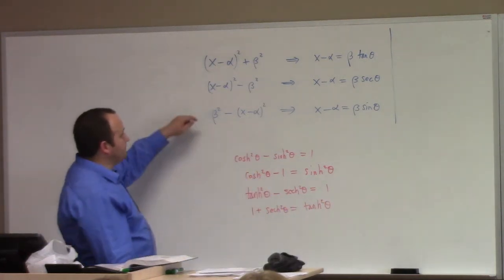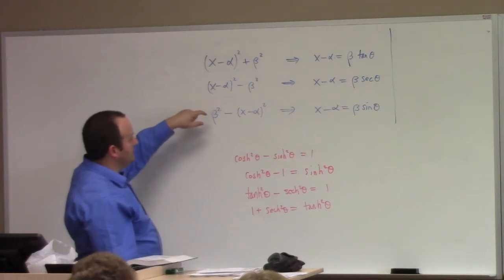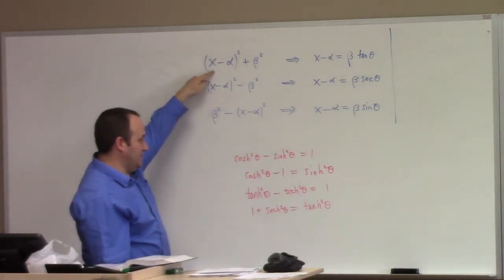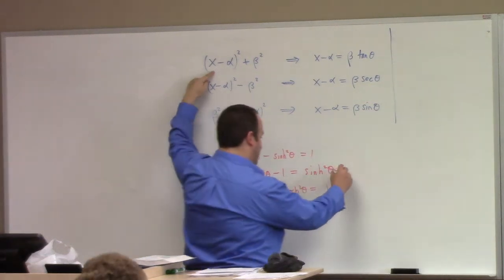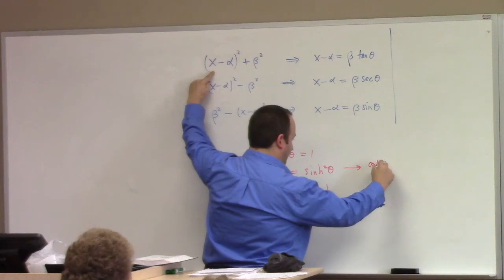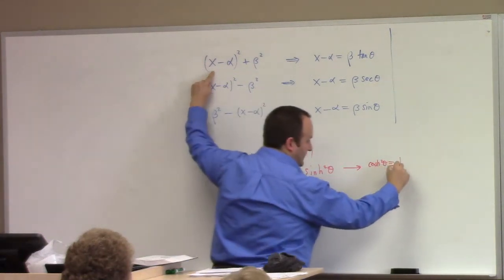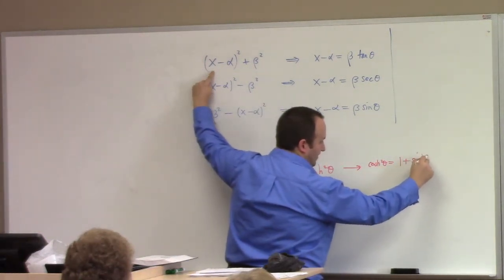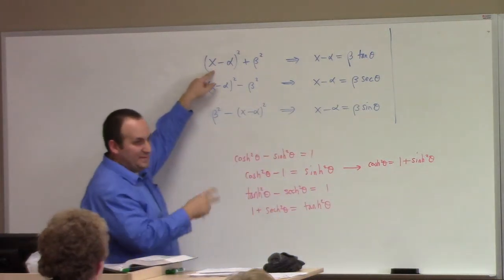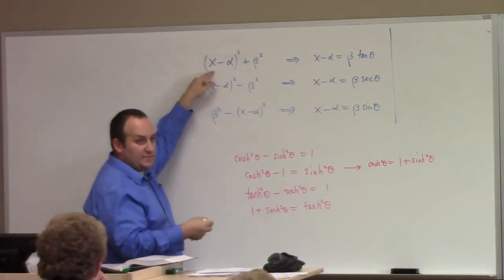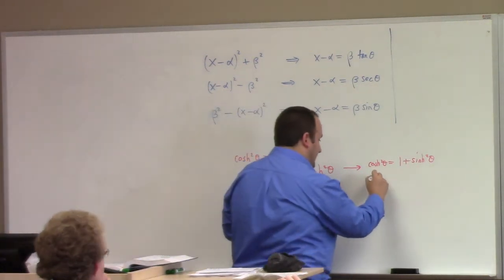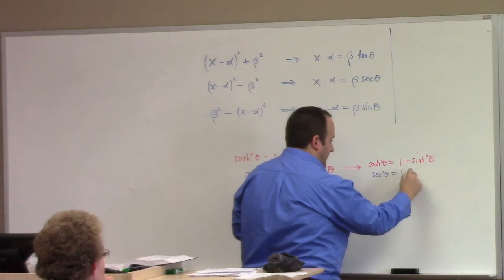So, getting to the point eventually. This one up here, its close cousin would be what? Cosh squared theta is what? 1 plus sinh squared theta, right? So that reminds me of secant squared being equal to 1 plus tangent squared, the same pattern as secant squared theta is 1 plus tangent squared theta.